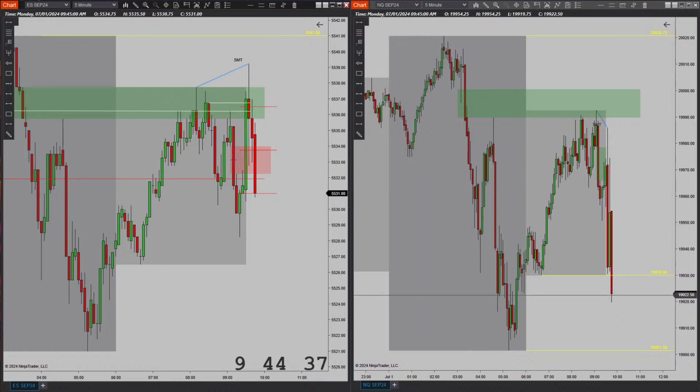And it looks like we're about to draw lower. All right, so I have sell orders. No, not sell orders. There we go, 28.